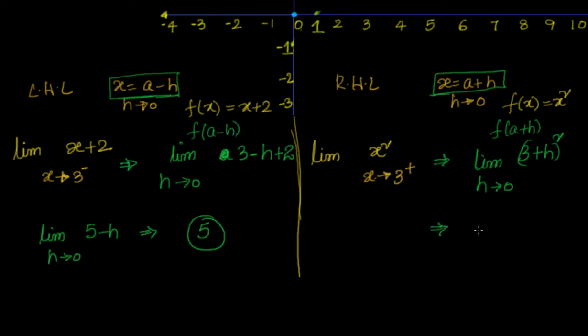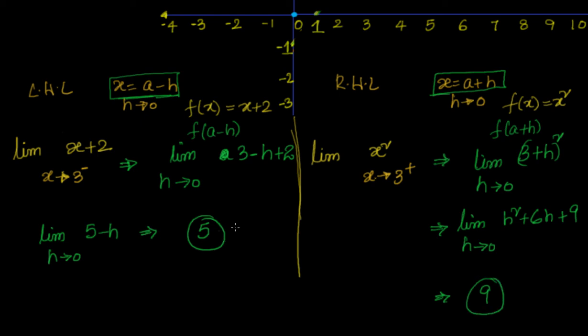Now this is nothing but equal to 3 plus h. H is 0. I can actually expand that to, I can say limit of h tends to 0, h square plus 6h plus 9, that's nothing but equal to 9, because h is 0, you are left with 9.